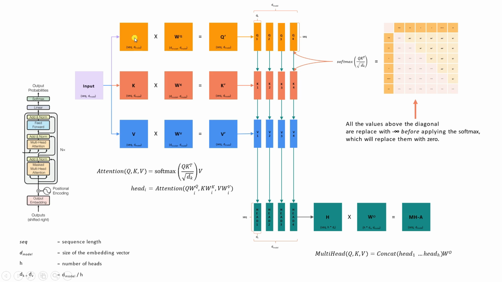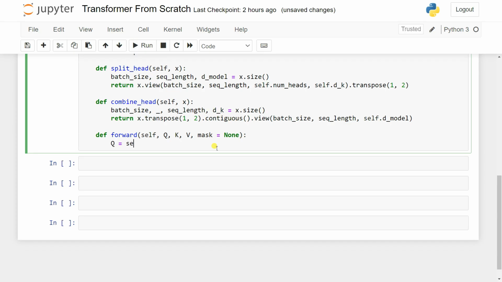This Q is nothing but passed as a parameter as well. Now you can initialize this one. Let's say Q equal to self.split_head, and inside that you can pass here self.W_Q, and inside that you can pass here the Q coming from here, because you also need to do the transformation here.